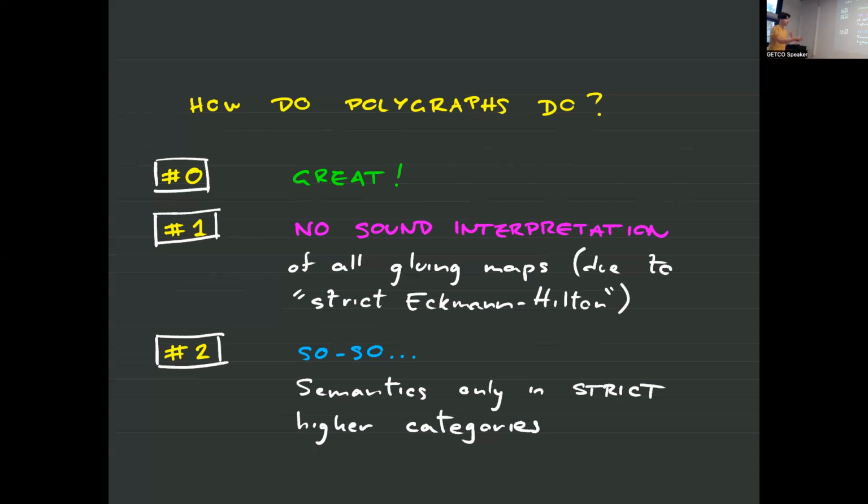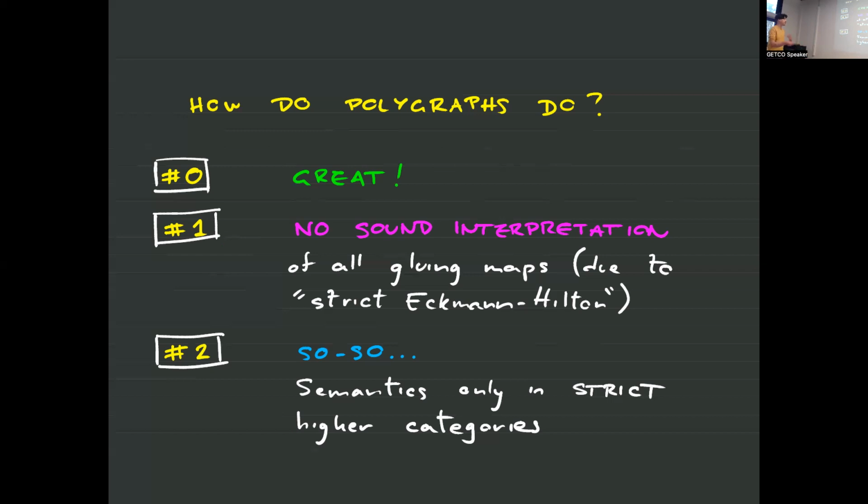That is due to this problem with strict Eckmann-Hilton, which Eric mentioned, and the fact that you have this braiding in pi 3 of S2, and in polygraphs, as in strict 2-categories, this braiding becomes degenerate, and it becomes a trivial homotopy.